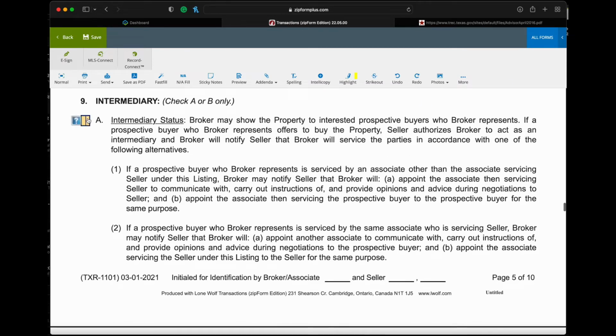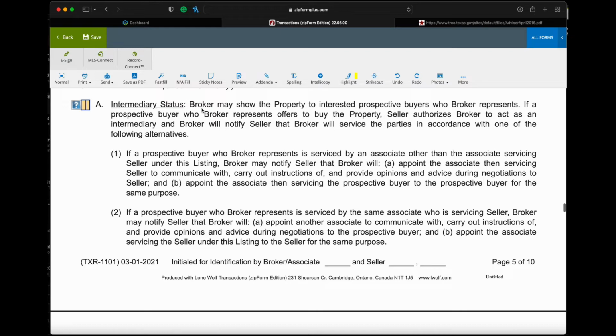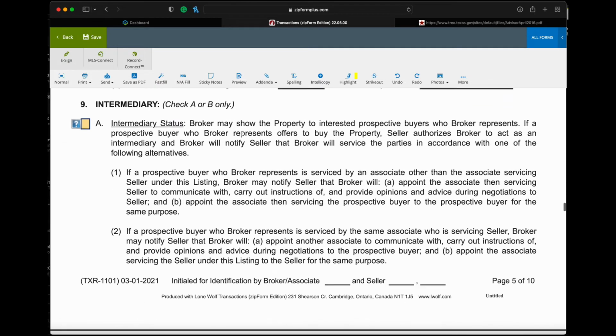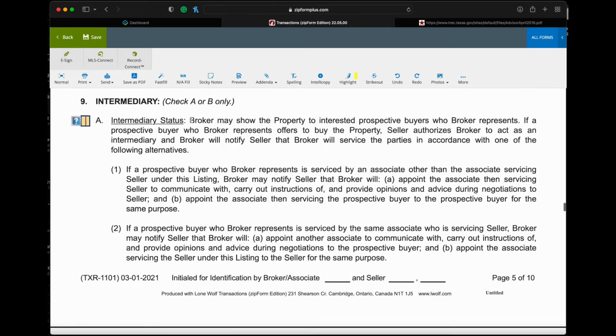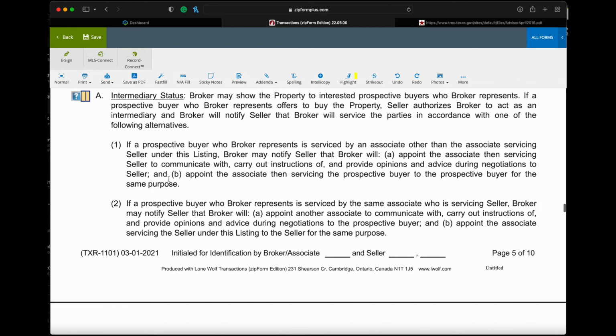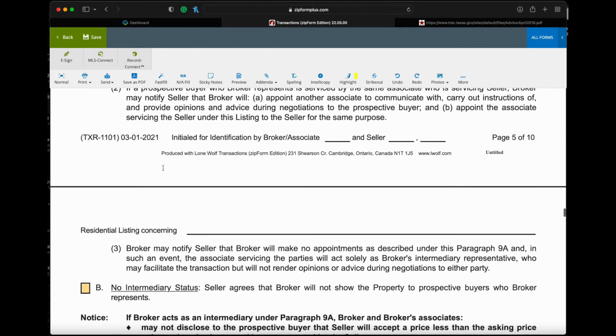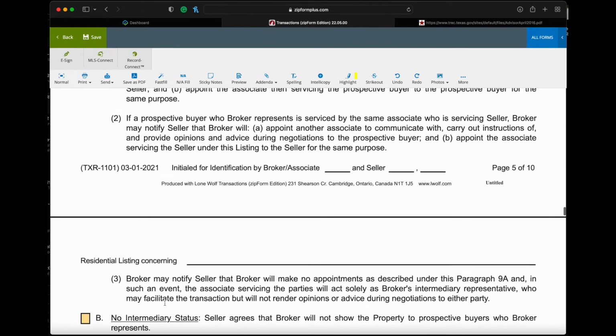Intermediary status, same thing as in the buyer's representation agreement. This is pretty much verbatim. So this is if your primary obligation is to your listing, right? They're your clients, so you have the listing. But if you do come up with a buyer yourself, then you could use one of these options here, 1, 2, or 3.